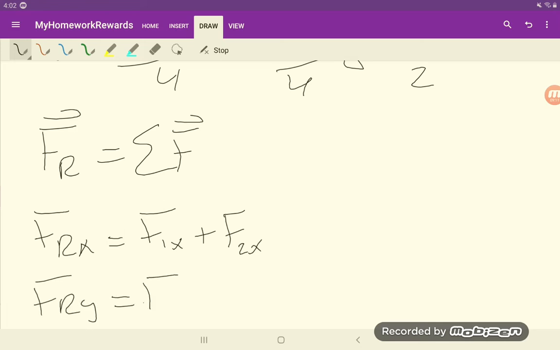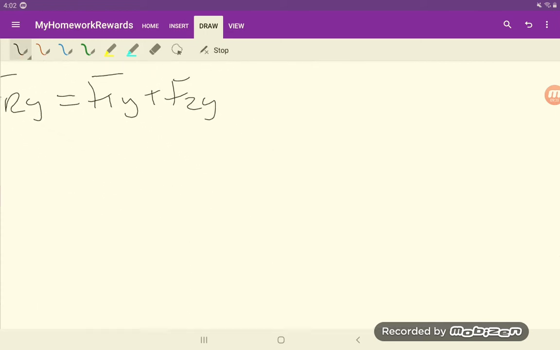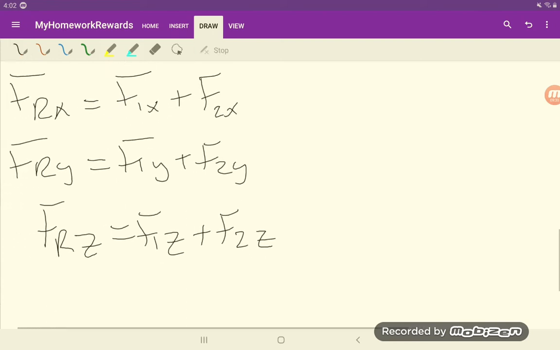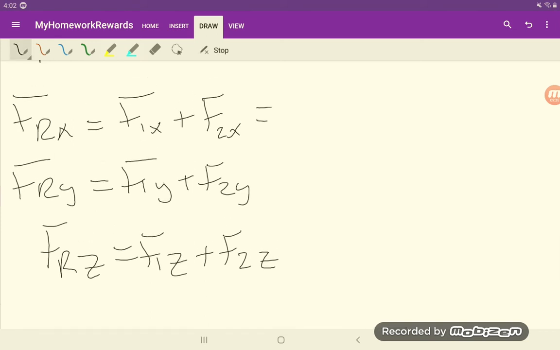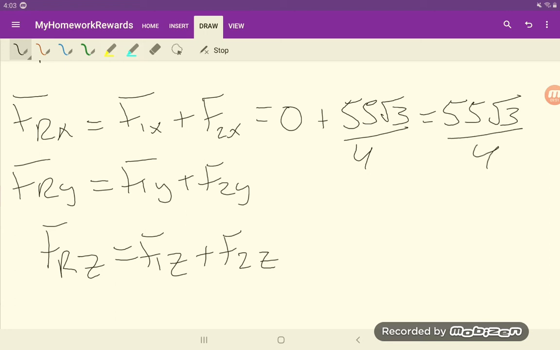For the y component, f1y plus f2y, and in the z component, f1z plus f2z. f1x was 0, and f2x was 55 root 3 over 4. f1y was minus 72 and positive 165 over 4.